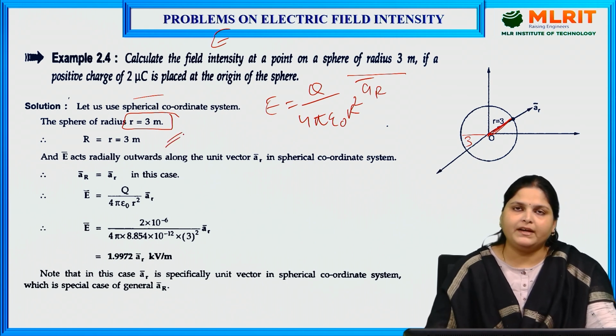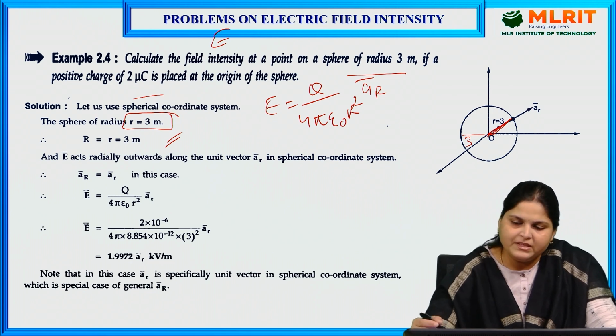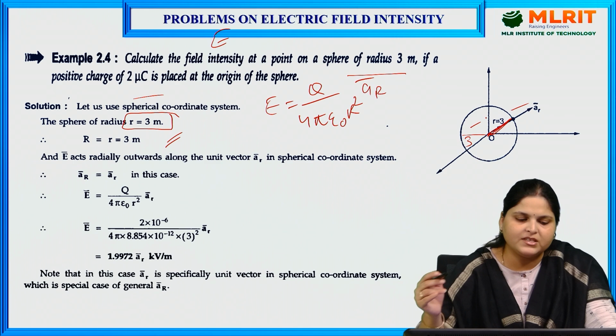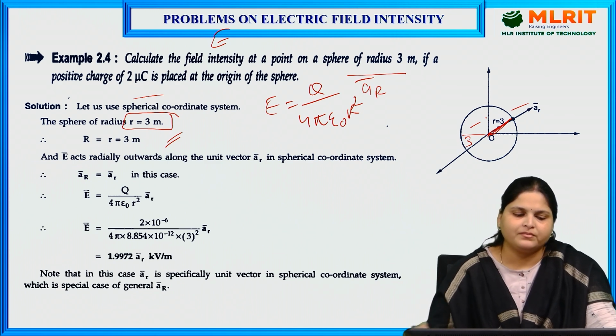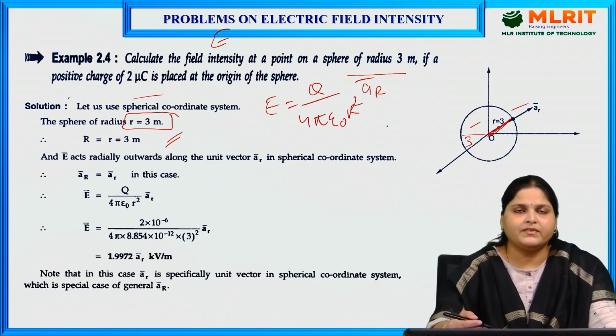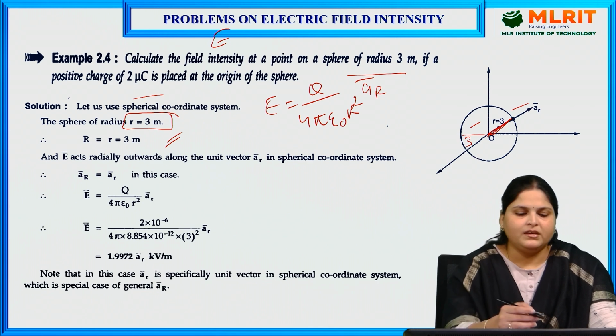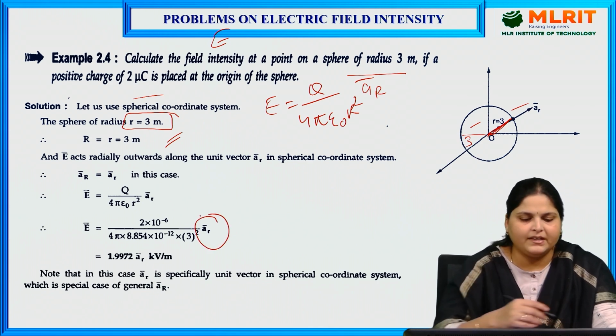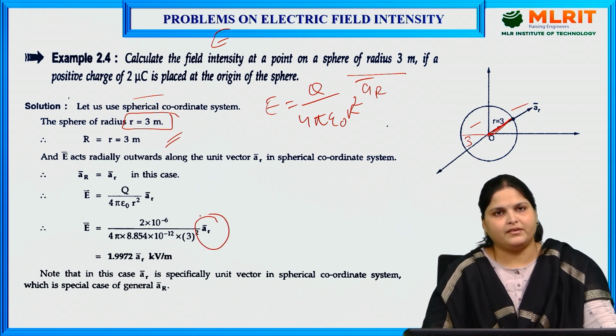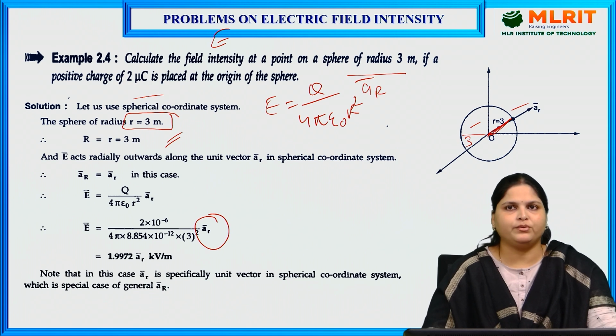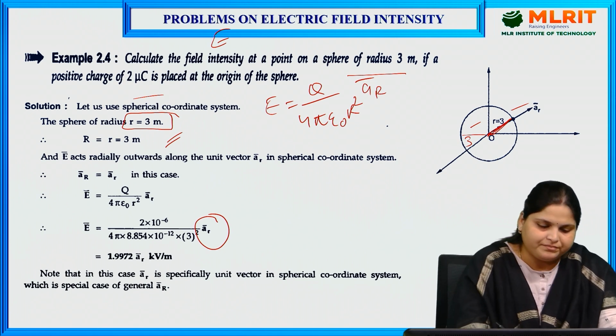Now we have to find out AR. So AR means we have to consider the coordinates of this point and this point. So how we can write? We can simply consider either spherical coordinate system or we can directly write AR. Further, no need to solve, right?